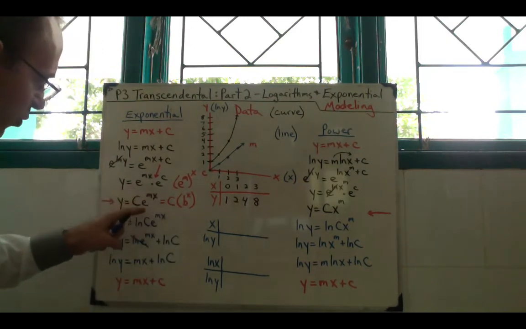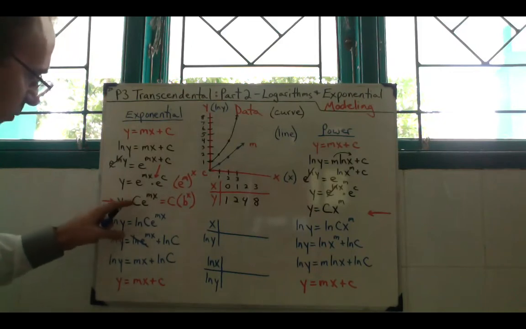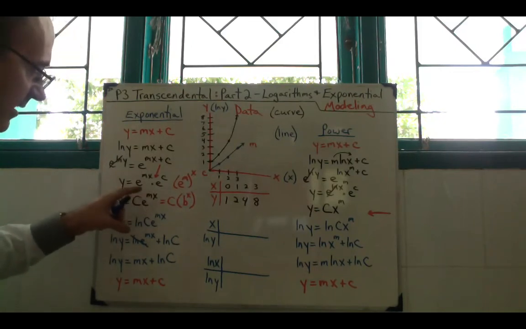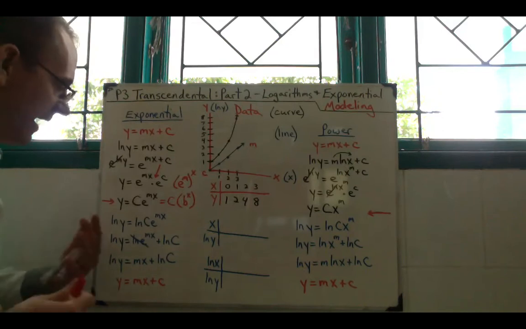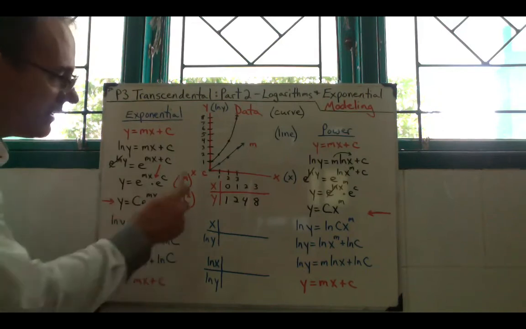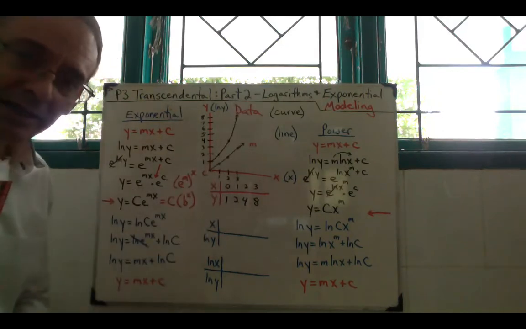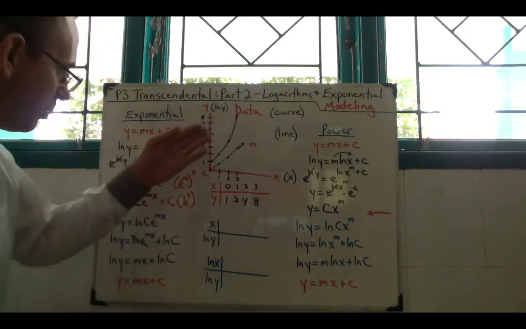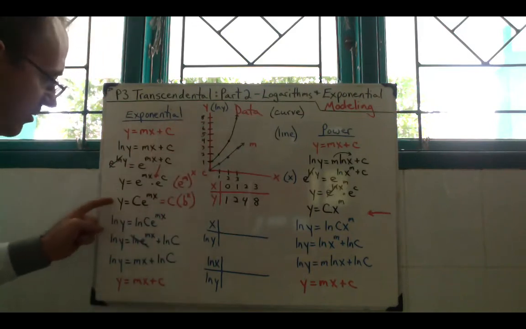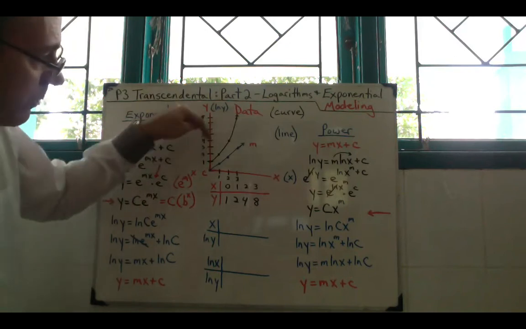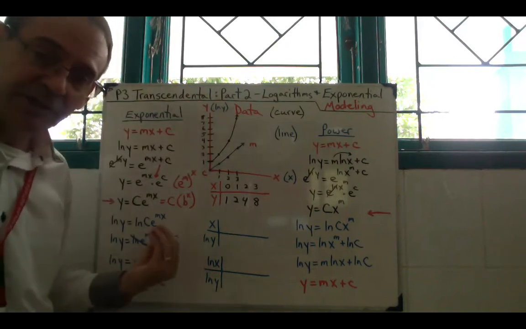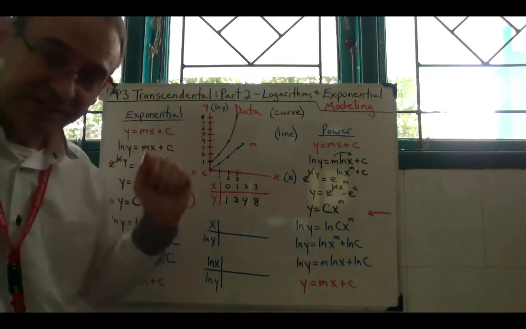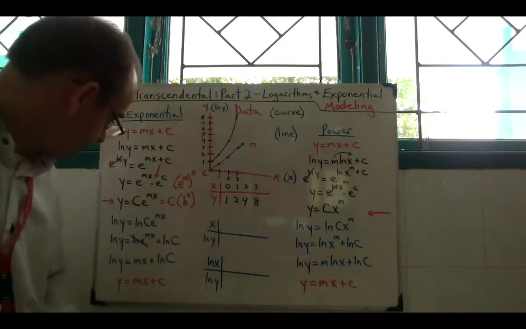So this equation, y equals big C e to the mx, is the equation that represents your curve. You should be able to go back and plug in points and find out that this formula does represent your curve, and then you can use it for predictions of outcomes.